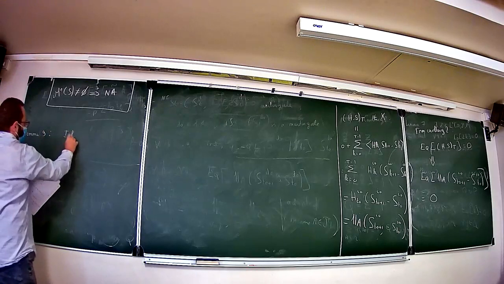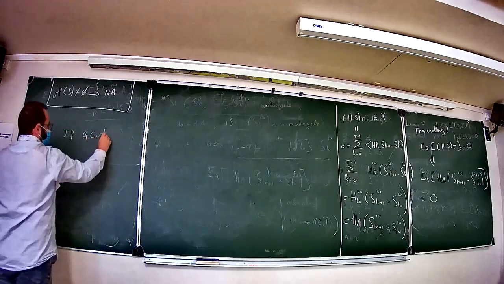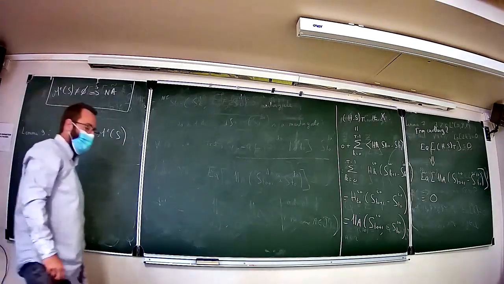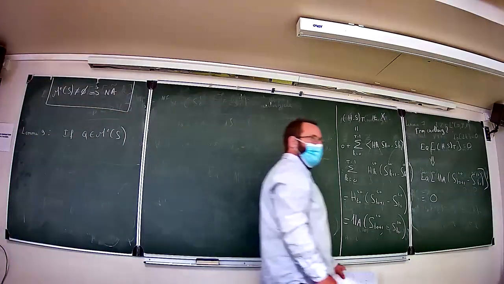So suppose that you have Q in the set of the equivalent martingale measure. So I know my hypothesis now is that the set of the equivalent martingale measure is not empty.